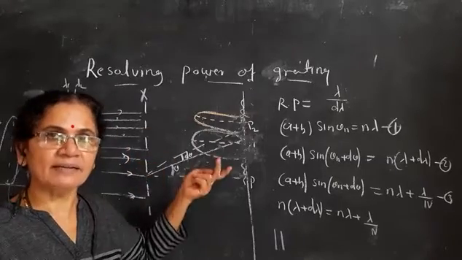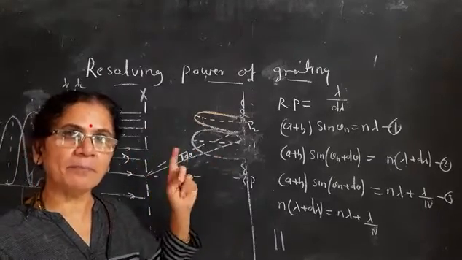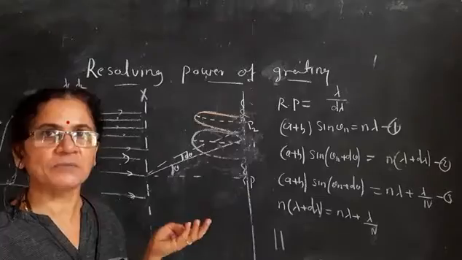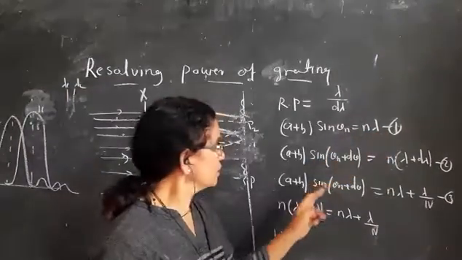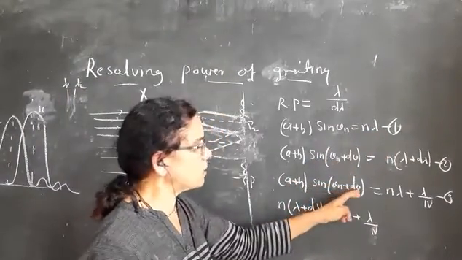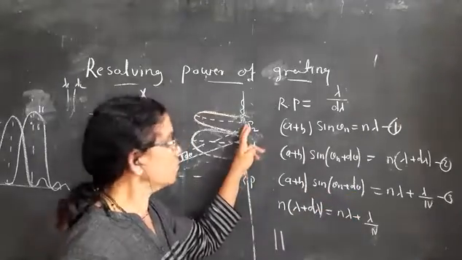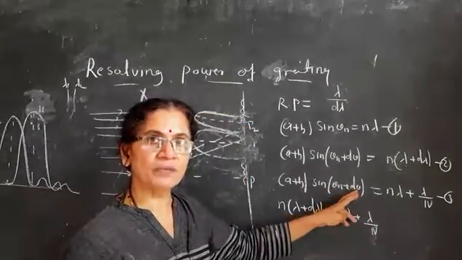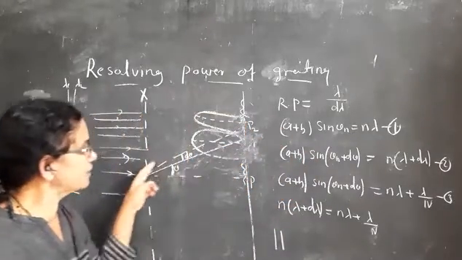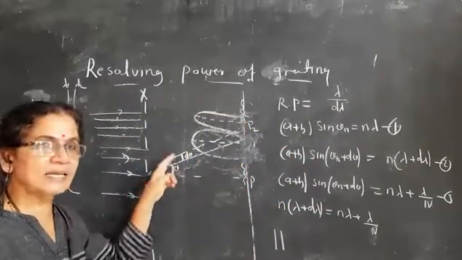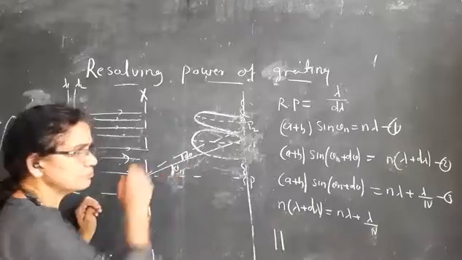For that, the path difference of lambda by N should be added to n lambda. So (A plus B) sin (theta n plus d theta). Why theta n plus d theta? Because P2 is in this angle direction. The point P2 you get at an angle theta n plus d theta.